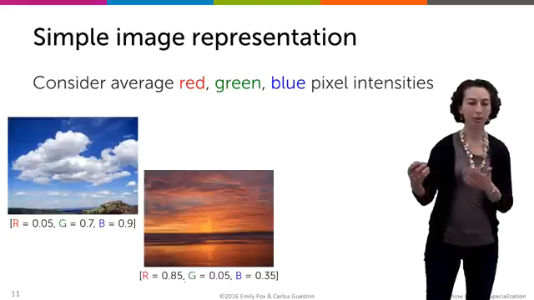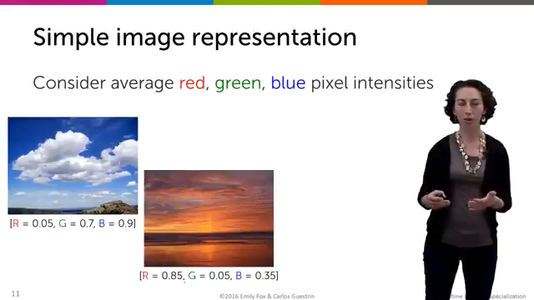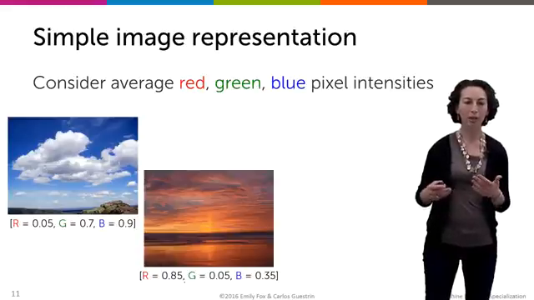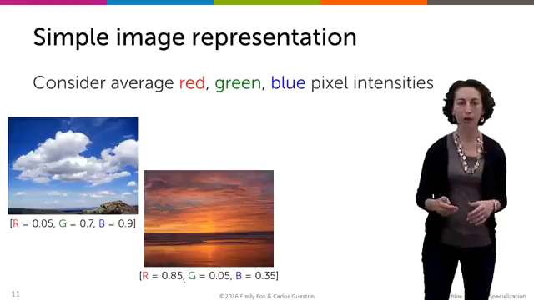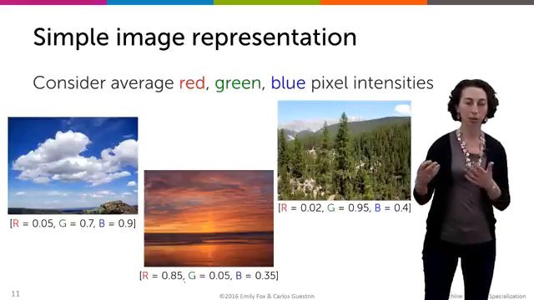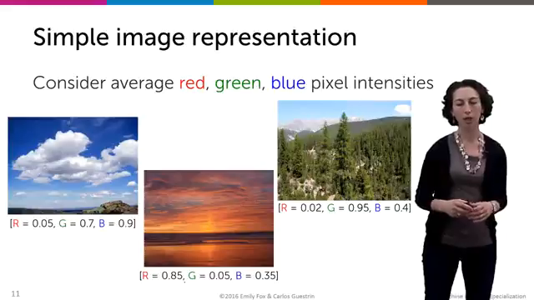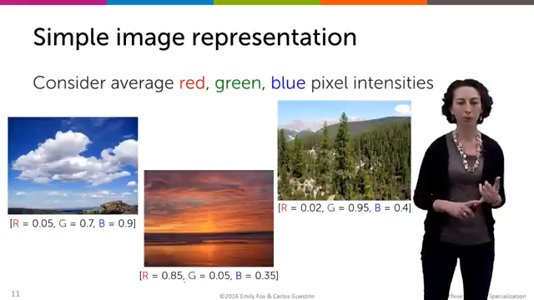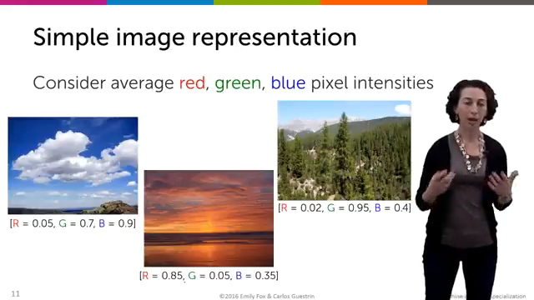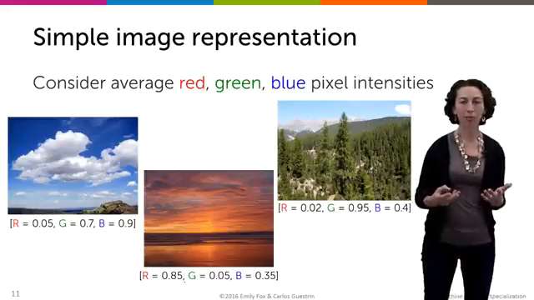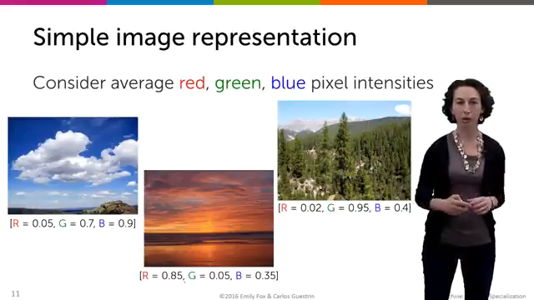And then maybe this sunset image has an R value of 0.85, green value 0.05, blue value 0.35, and finally this trees or forest image has an RGB vector 0.02, 0.95, 0.4.